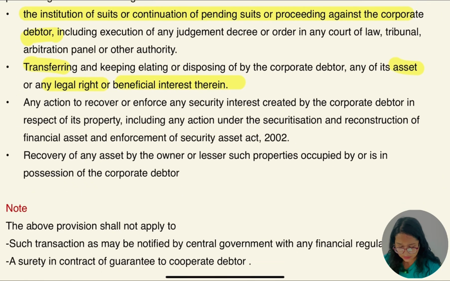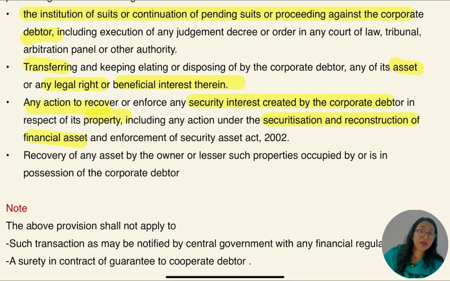Let's go for the third point, which says any action to recover or enforce any security interest created by whom? The corporate debtor. In respect of its property, including any action under the Securitisation and Reconstruction of Financial Assets and Enforcement of Security Interest Act 2002, which is simply saying any action to recover or enforce any security interest which was created by the corporate debtor.